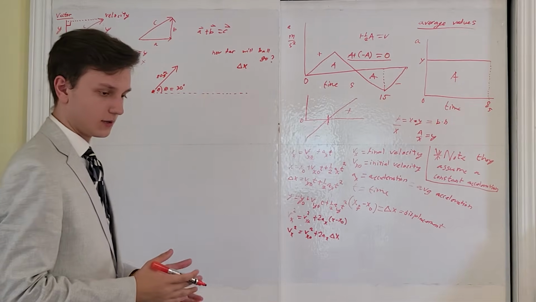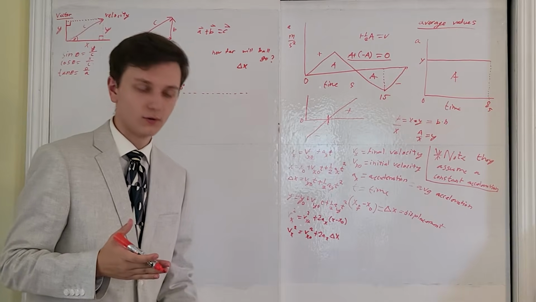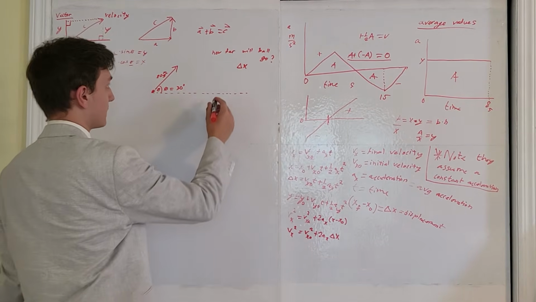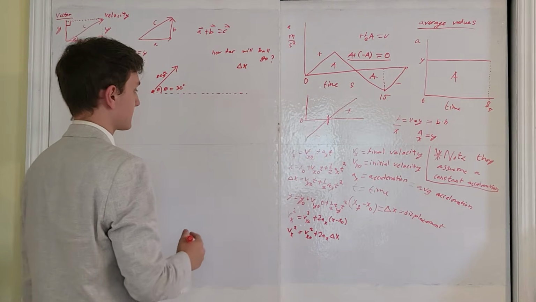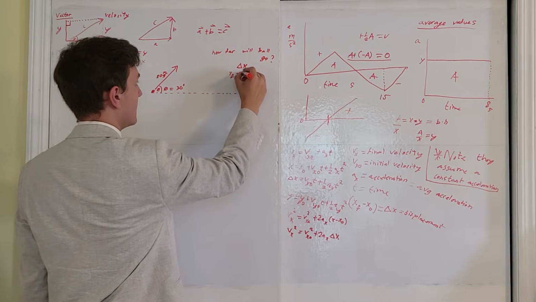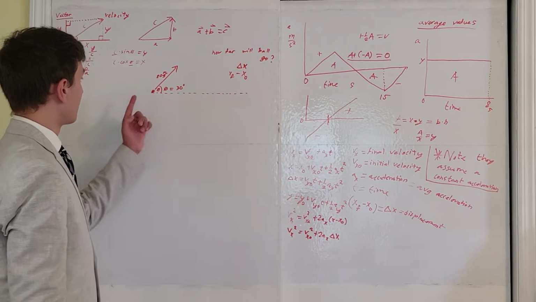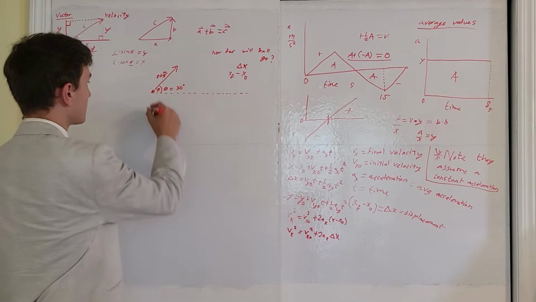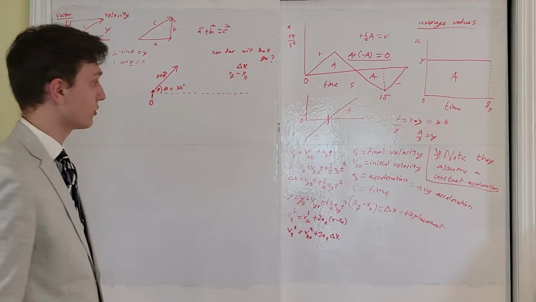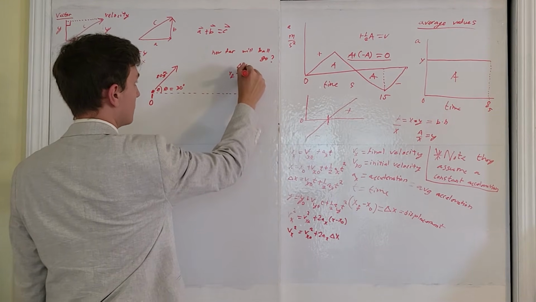Now here's where defining your axes, defining your zero, defining your origin becomes important, okay? If I'm looking for displacement, delta x, recall that displacement equals our final position minus our initial position. If we were to define our initial position as position 0, as the origin, then our initial position becomes 0.